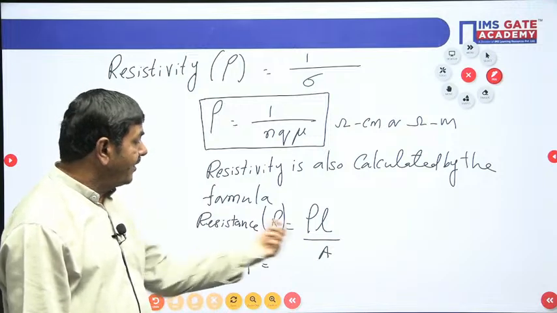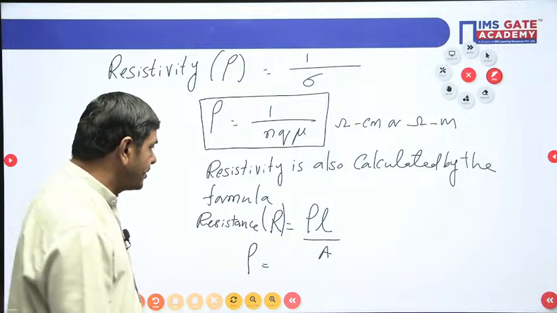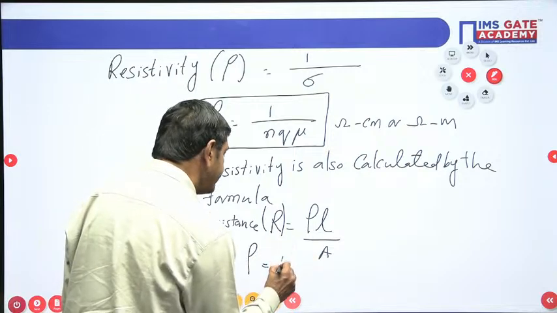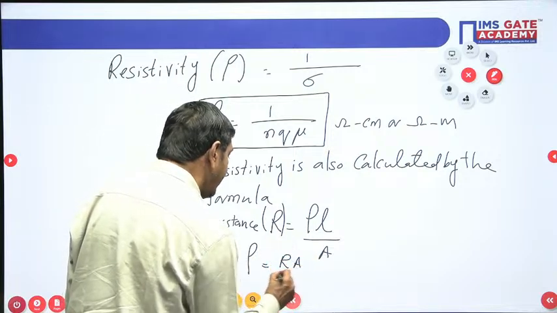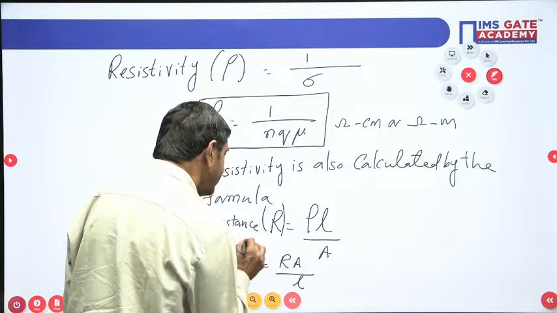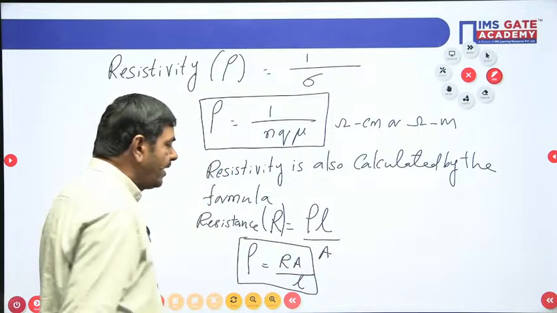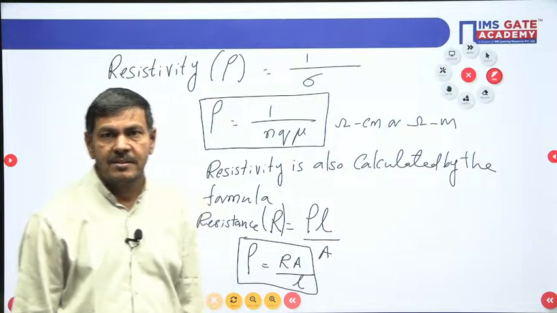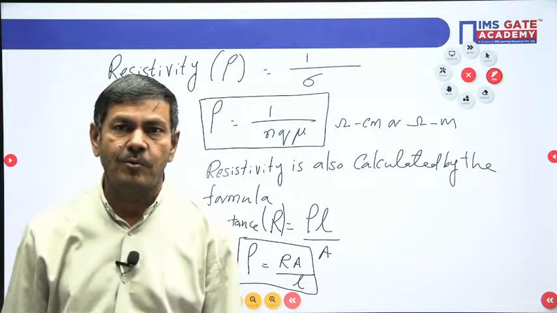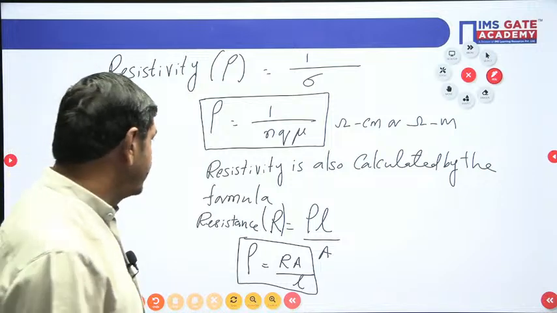At that time you can find resistivity by using this formula also: rho equals R A by L. This formula also you can use to find out the rho value. So this is one more formula. I hope you follow.